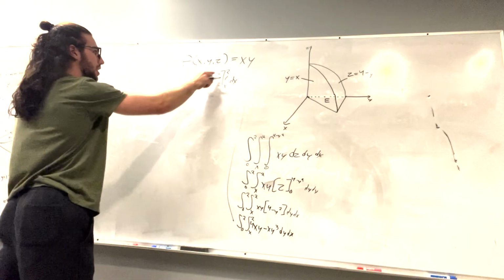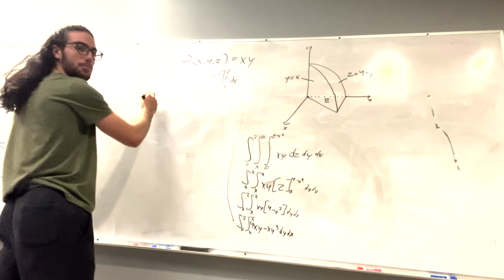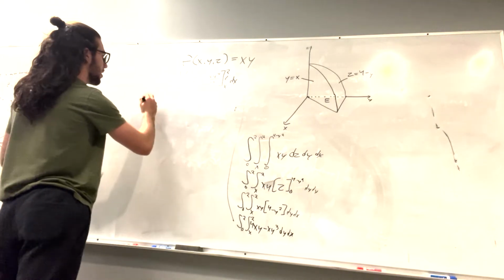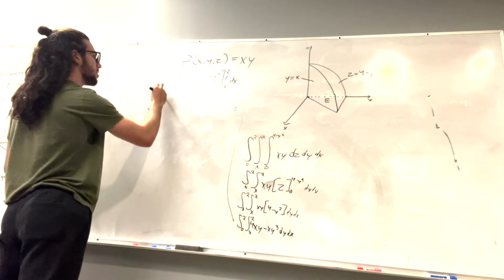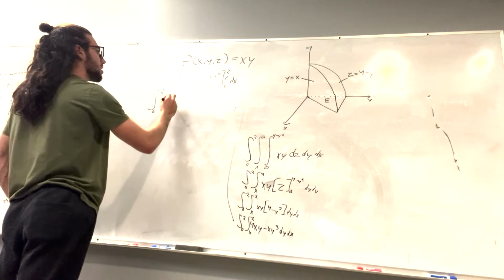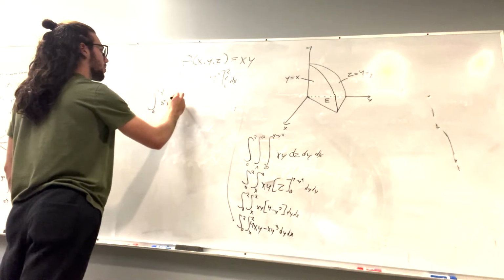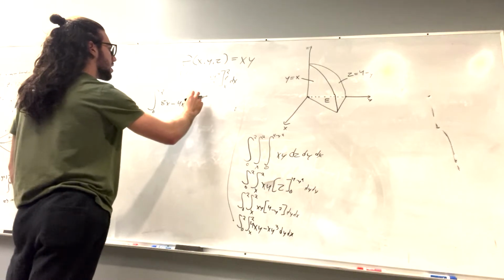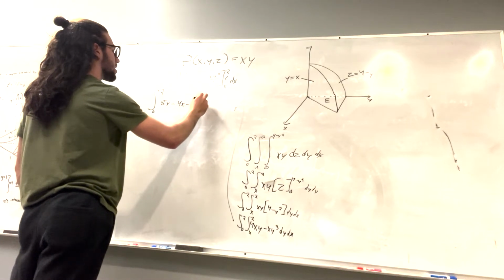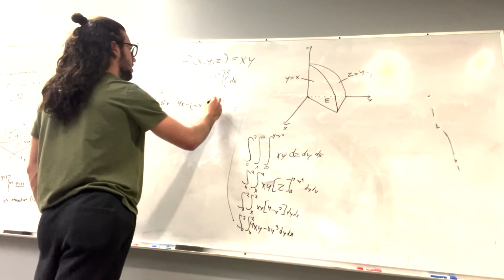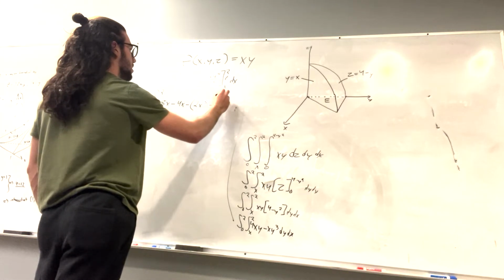So now we plug in this for y. It's going to be big. All right, so writing this out, 0 to 2, we're going to get 8x minus 4x, and then minus 2x cubed minus x to the fifth over 4.